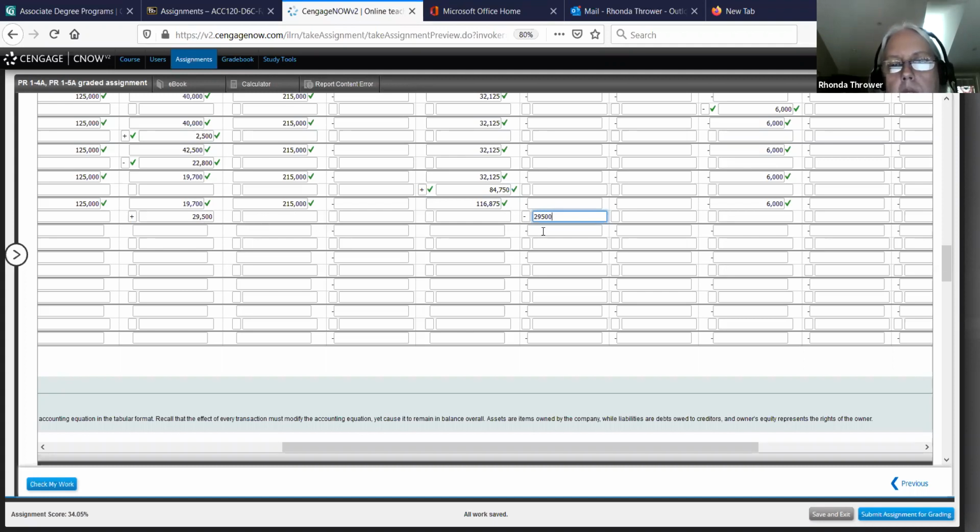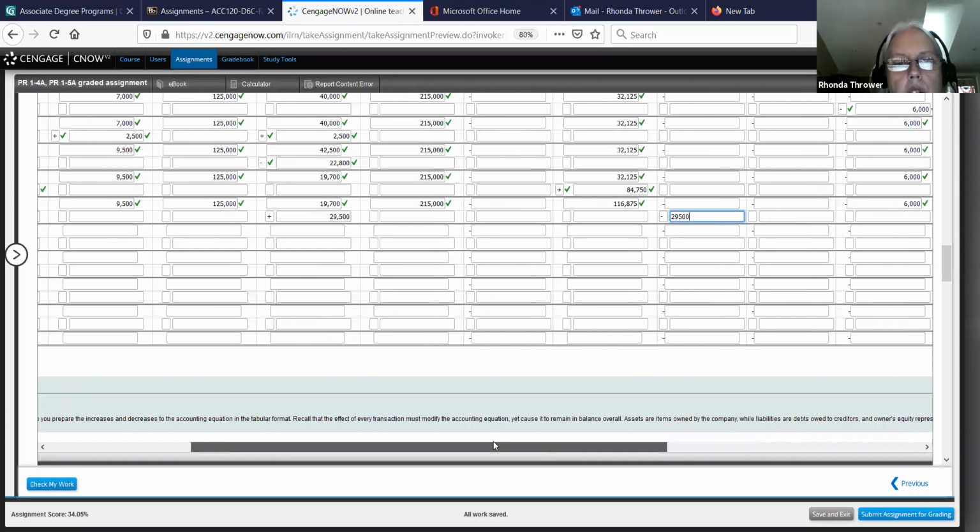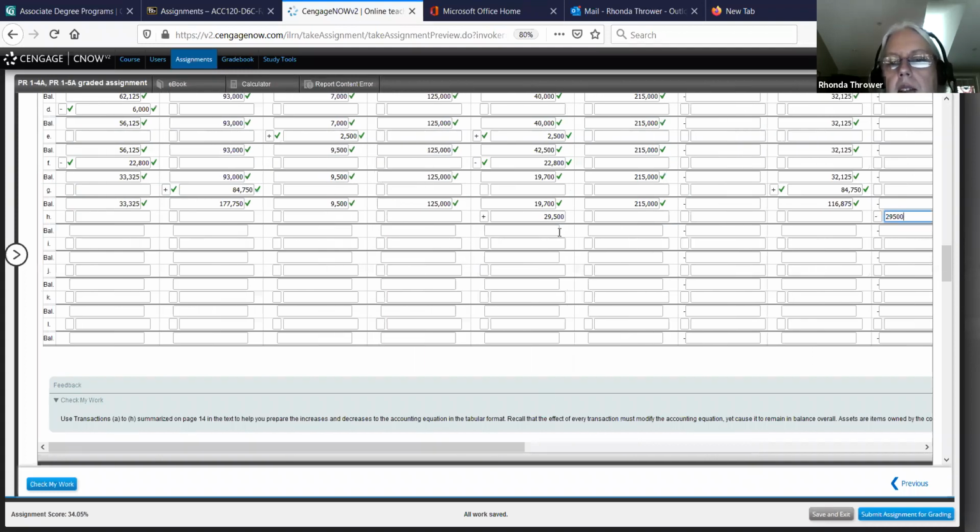This was a plus and this was a minus. So we really had no change in the total of the assets, the liabilities, or the owner's equity in that case. This is a situation in transaction H where we affected only the right side of the accounting equation, but they washed each other out because one was a plus and one was a minus here for the same amount.